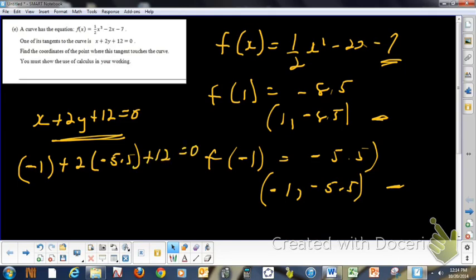Now if I work that out, I get 0 is equal to 0. It works. If I test the other point, it will not work. So this works. So the coordinate that I'm looking for is negative 1 and negative 5.5.